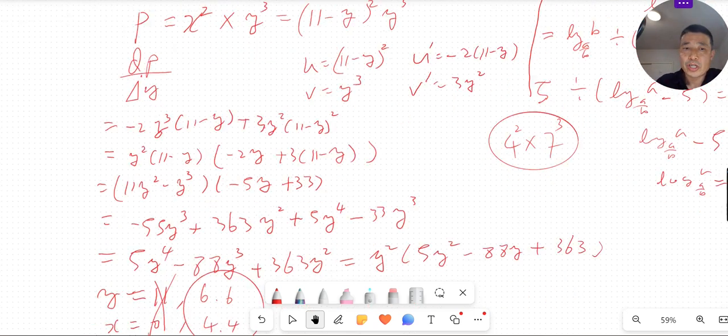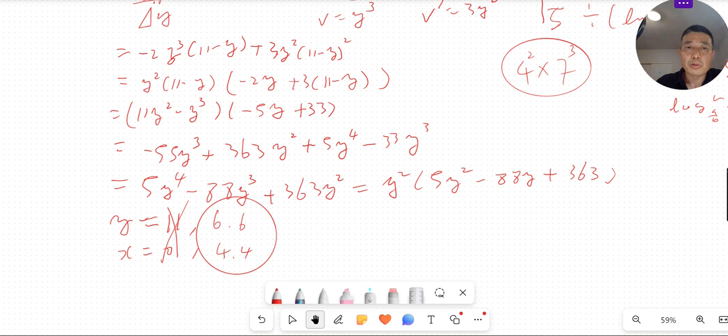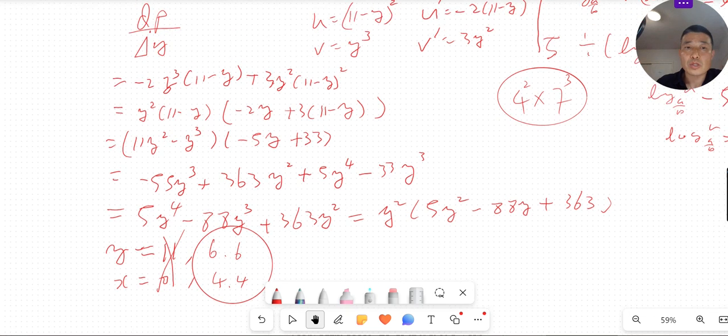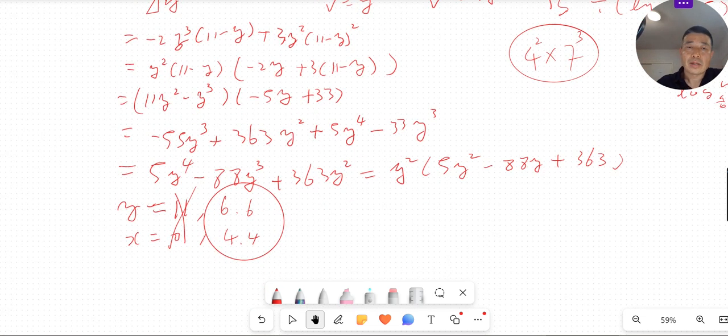I picked 4.4 squared times 6.6 cubed. Let's try that. Times, oh, not plus, sorry. It's product, isn't it?